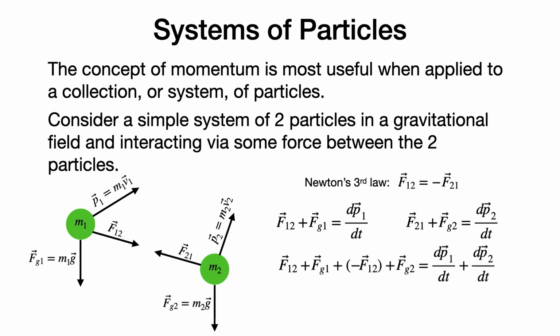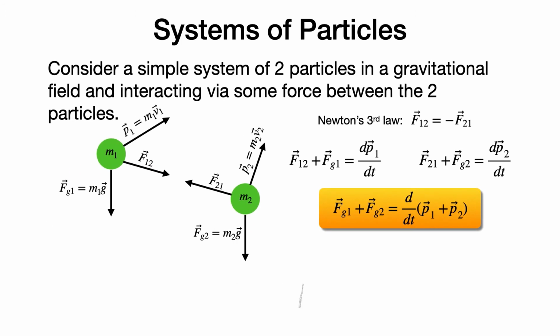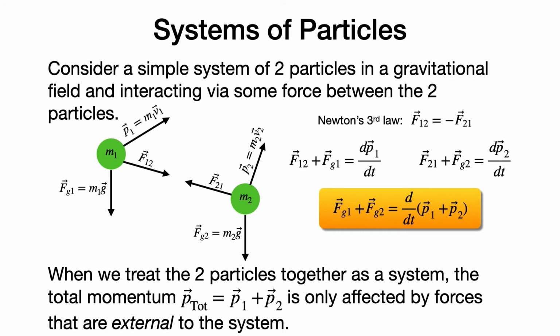Now, if we add these two equations together so that we put the forces on the left-hand side and the time rate of change of the momenta on the right-hand side, we see that the forces acting between the two particles cancel out because of Newton's third law, and we wind up with the equation that the force of gravity on the two particles is equal to the time rate of change of the sum of the momenta of the two particles. So when we treat the two particles together as a system, the total momentum, which is the sum of the individual momenta, is only affected by forces that are external to the system.